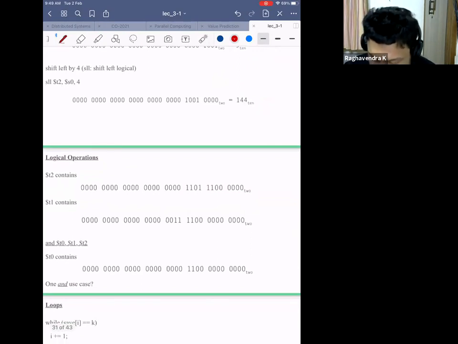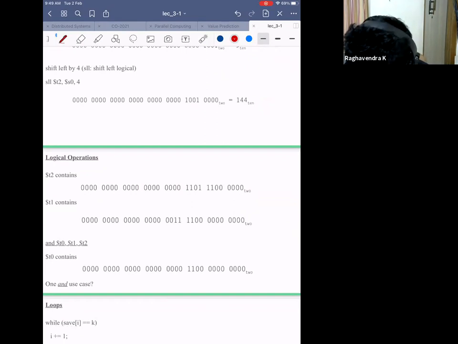Of course, there are many other operations that will become useful. So if you see this, there are 32 bits, and I want to know only what the last 2 bytes are.